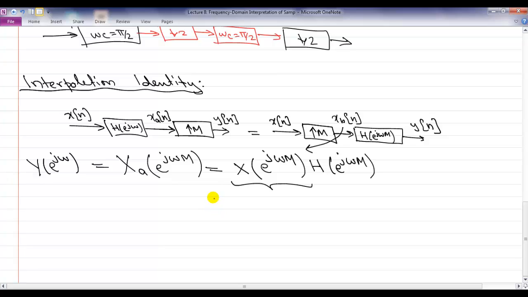You just have to keep in mind the relationship between input and output when the frequency axis is scaled by a factor of M or 1 over M. In this case, it is scaled by a factor of 1 over M, so it has to be just an expanded version of x[n]. So this is simply X_b(e^{jω}) H(e^{jωM}), which is of course this thing.